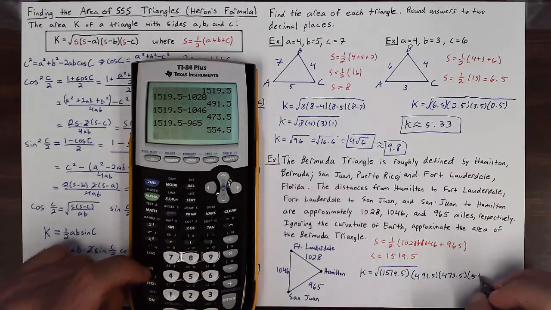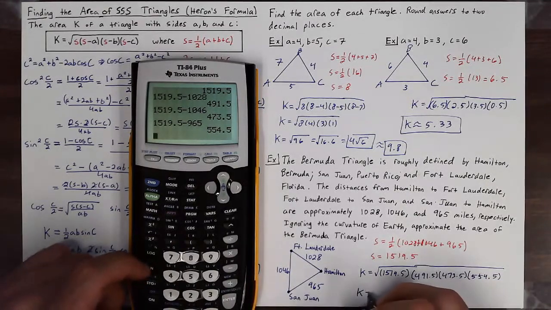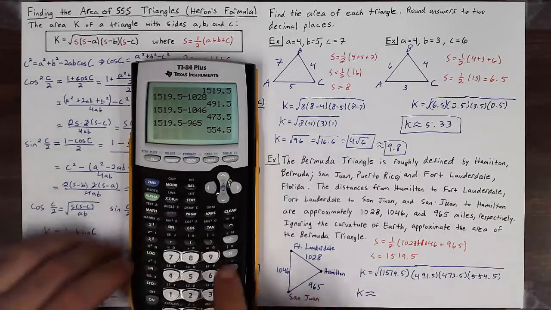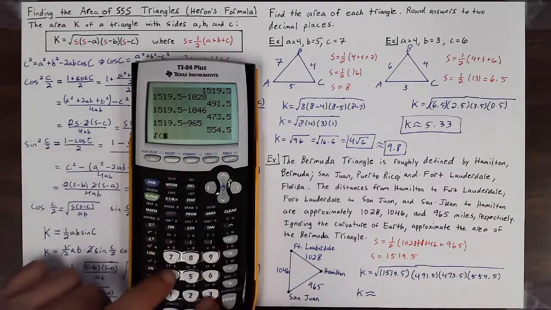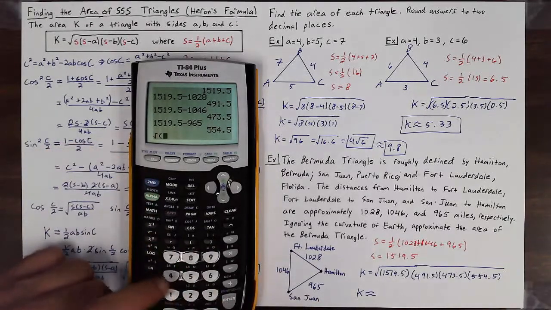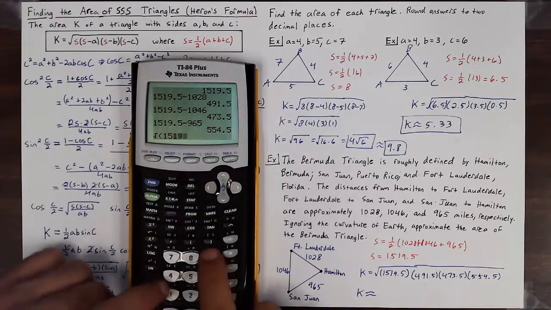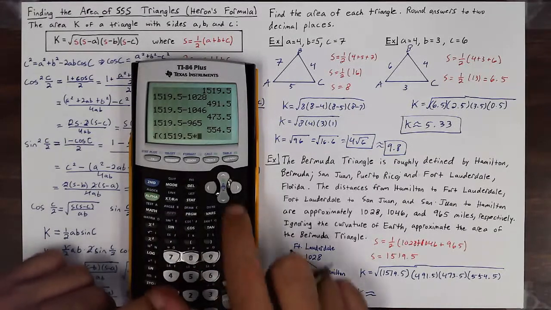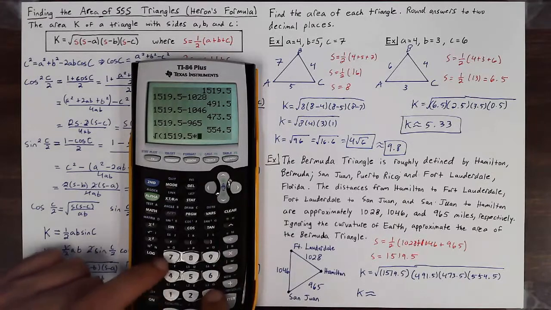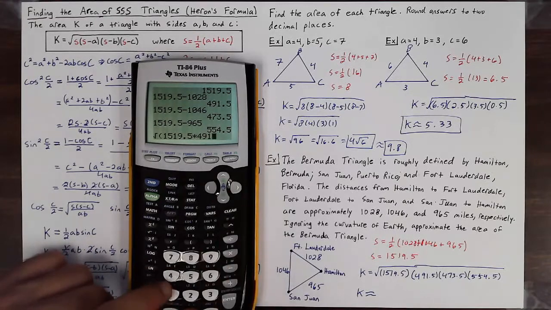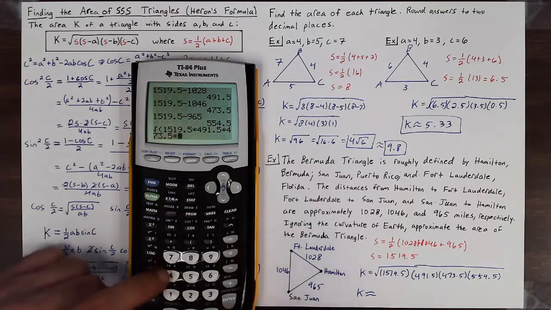So 554.5. When I take the square root of all of that, I'll get the square root of 1,519.5 times 491.5 times 473.5 times 554.5.